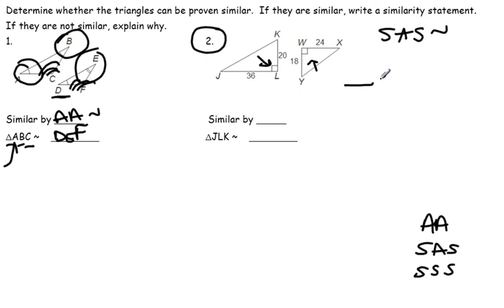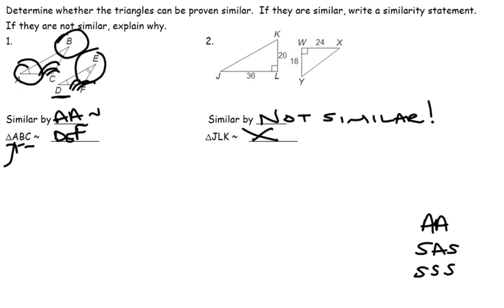So pause the video and see if you can set up the ratio of your sides, see if they are in fact equal, and then finish up the similarity statement if it's possible. And you should have gotten that these are not similar, because if we set up the ratio of the sides, this is the small side, this is the large side, this is the small side, this is the large side.